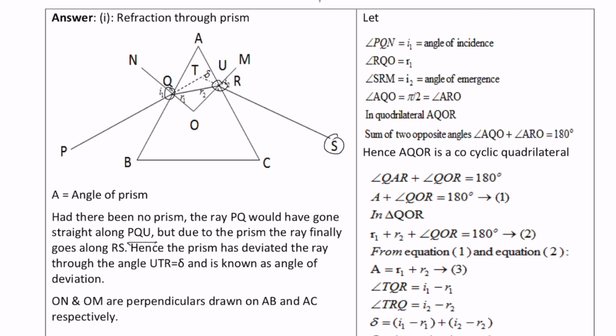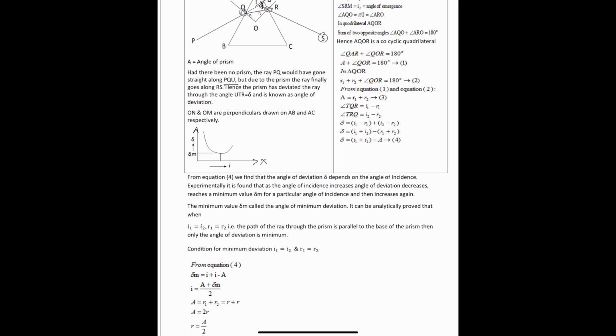So if we produce it back, this angle is the deviation angle. So for different angles of incidence, if we plot angle of incidence along the x-axis and angle of deviation along the y-axis, for different angles of incidence we calculate the angle of deviation, correct? So this is actually a practical experiment we do using a cardboard, pins and a prism, a very simple experiment.